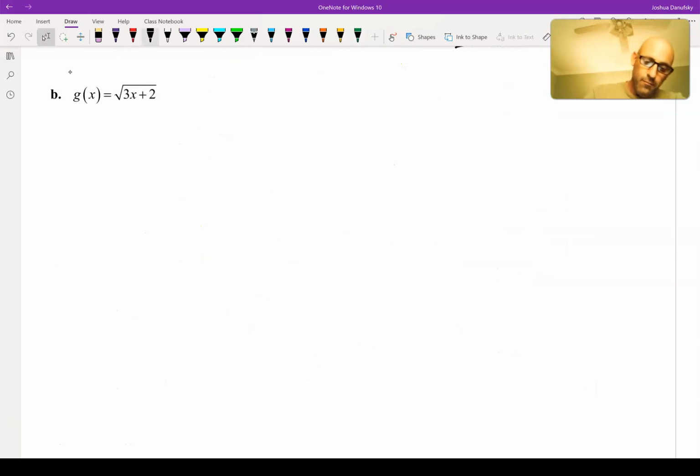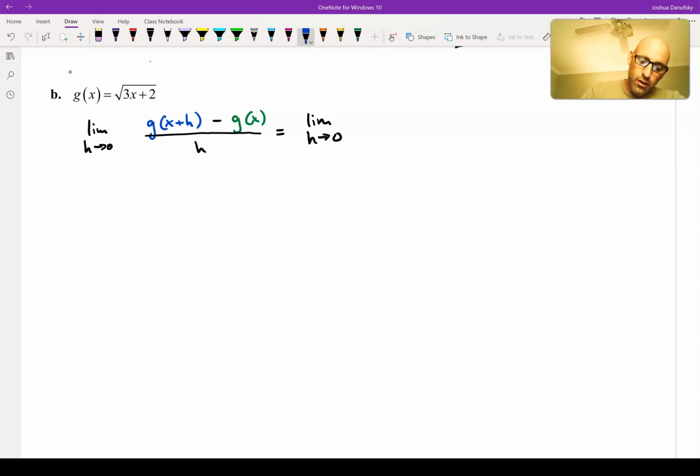Same idea. We're going to take the limit as h approaches 0 of, in this case, g of x plus h minus g of x all over h. Again, in blue, we're going to replace our input right there with x plus h.